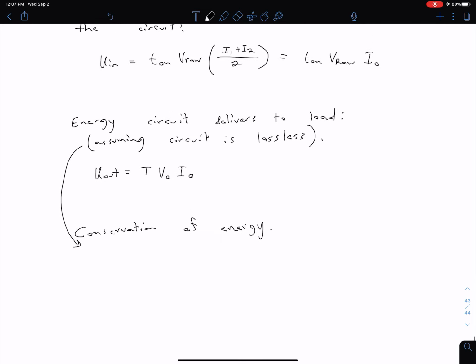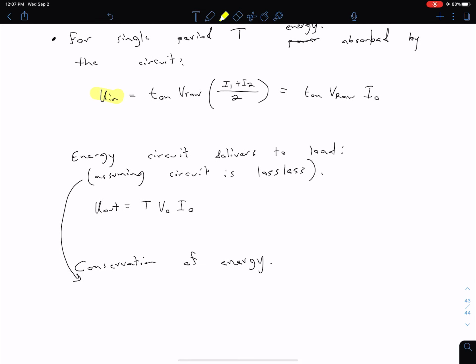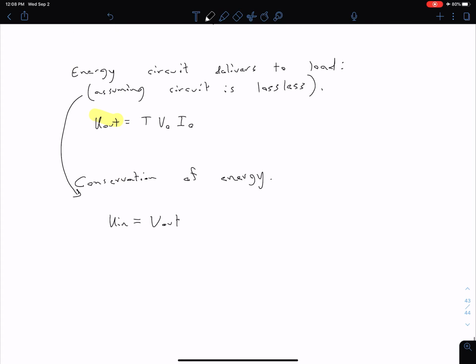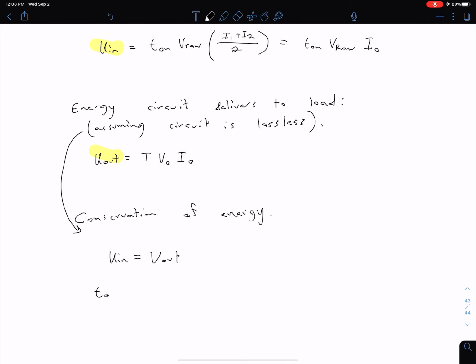So what we then do is we're equating our input energy to our output energy. So we're saying none of it got lost in the circuit. So we're saying U_in equals U_out. So we're just going to substitute those two equations in. So we had T_on V_raw I_out for our input energy, and then for our output energy we had our period T, V_out, I_out.